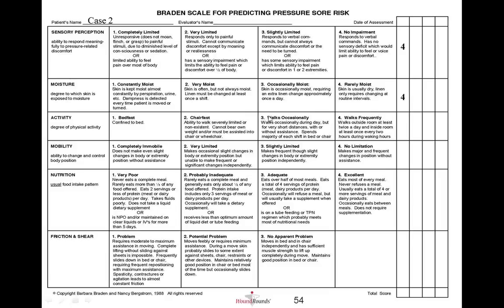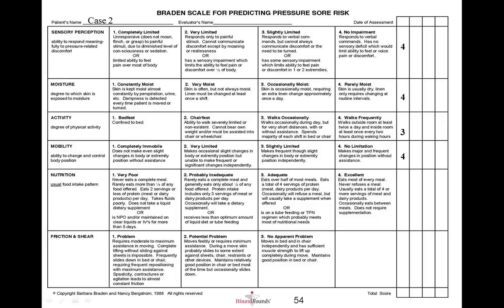Again, he is using the commode and the urinal, so we have rarely moist for him. Activity. He's ambulatory with assist, but only for short distances, so he spends most of his day in the bed or the chair. So we're going to score him as a 3 for walks occasionally. He does have a trapeze on his bed, and he is able to reposition himself. So we're going to score him as a no limitation for mobility.